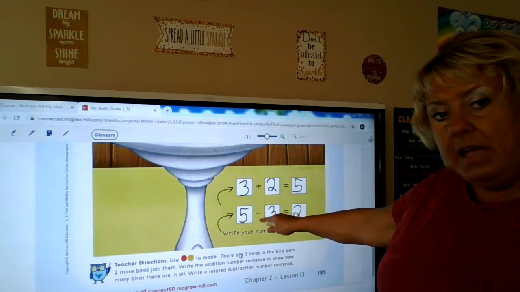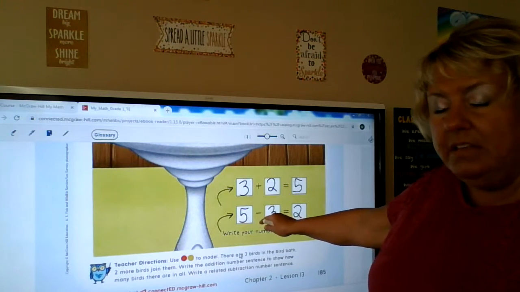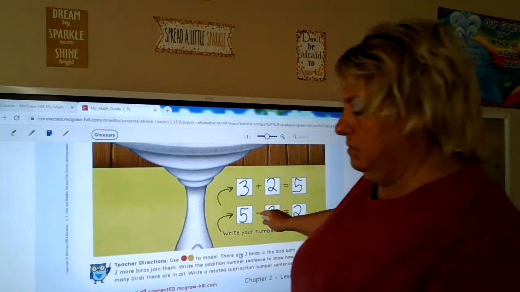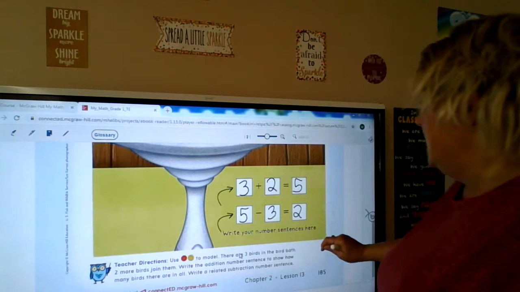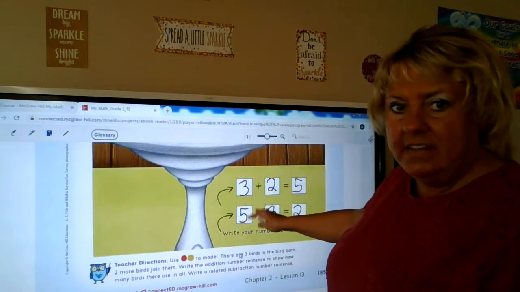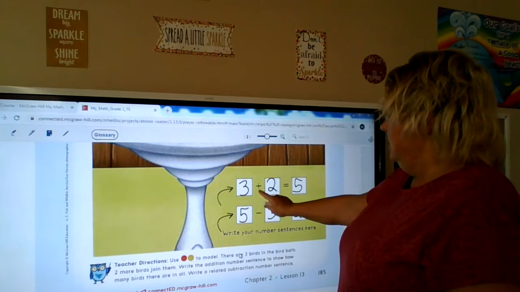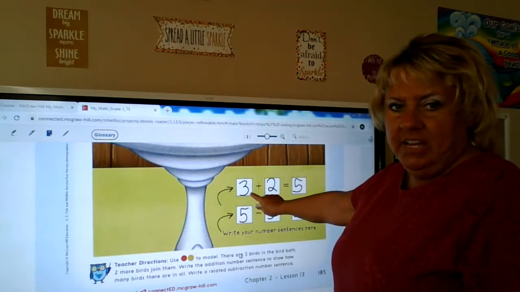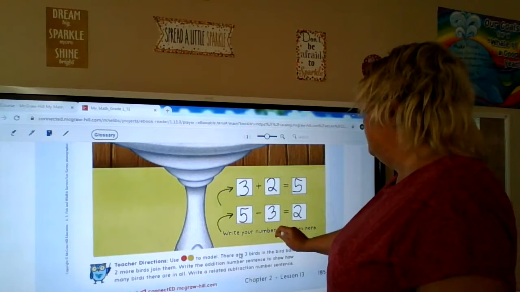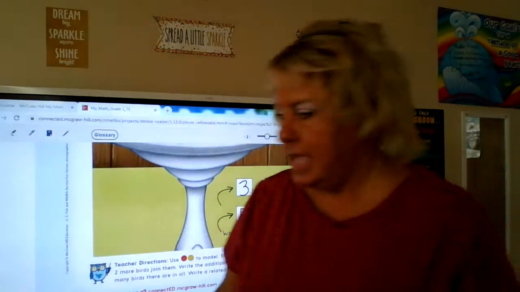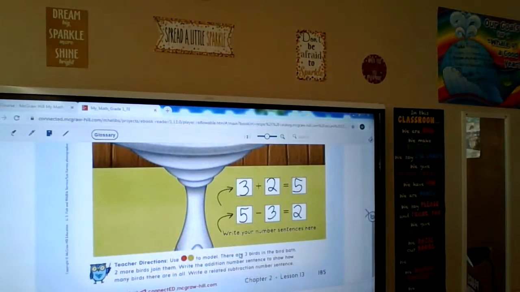So our related facts are going to be 1 addition sentence and 1 subtraction sentence. Okay, let's move on.